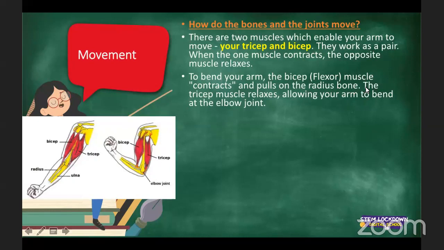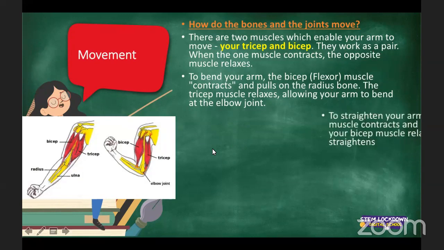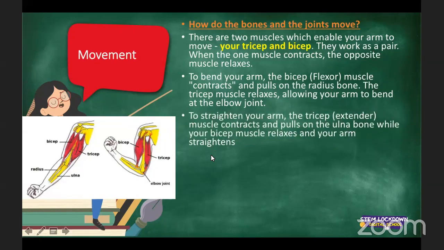To straighten your arm, the tricep extender muscle contracts and pulls on the ulna bone while your bicep muscle relaxes and your arm straightens. Therefore, this one is an extender, and this one is a flexor. I hope you know that song, flex, flex, flex. This one is a flexor.